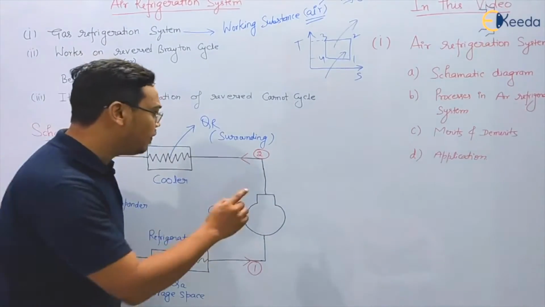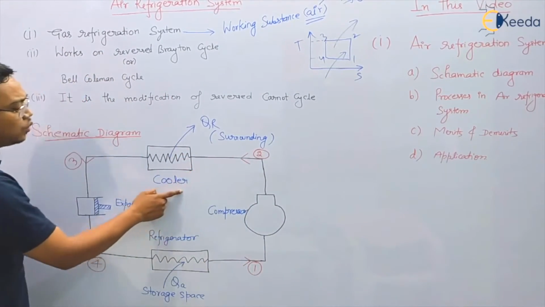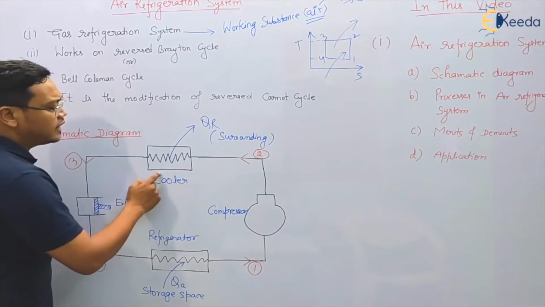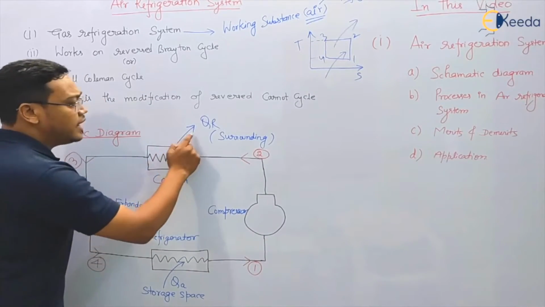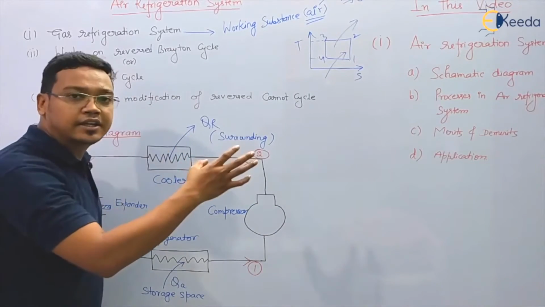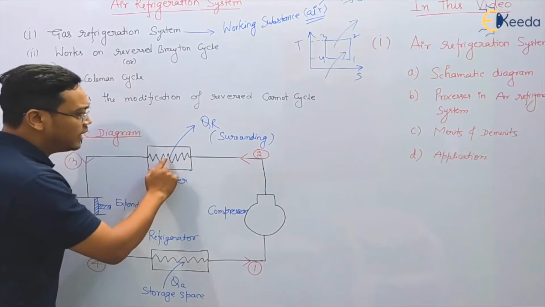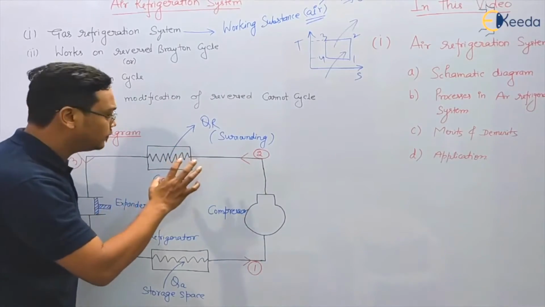Then after the compressor, air will go to the cooler. In this case, this air will release heat to the surrounding, like the rear side of the window AC that I have already told. Means air will release heat to the surrounding.